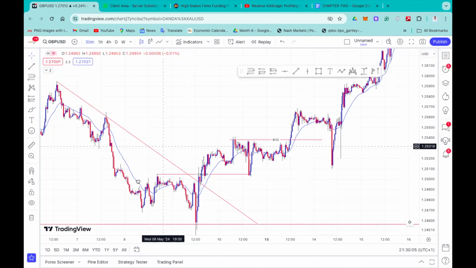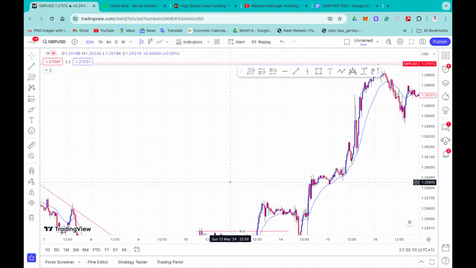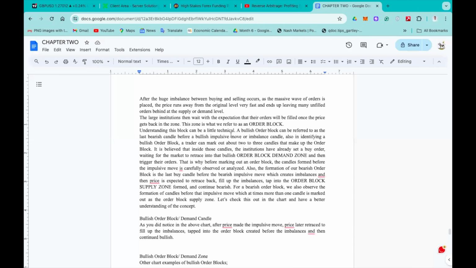So for you to identify an order block, these are things you need to understand. Okay, the psychology behind identifying a bullish order block simply states that you must see the last bearish candle before a bullish impulsive move, or imbalance candle.